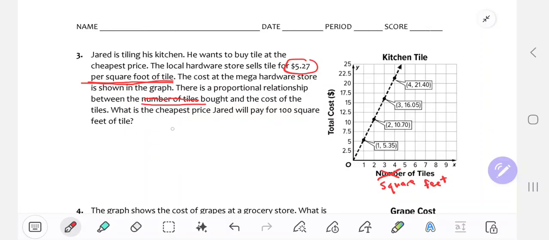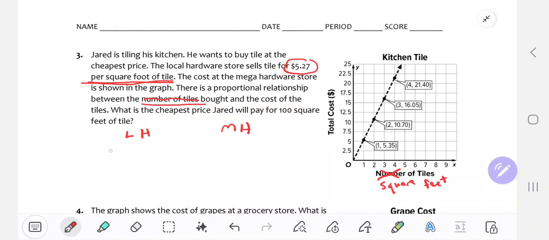What is the cheapest price Jared will pay for 100 square feet of tile? So we're comparing the local hardware store and this place called the Mega Hardware Store. All right, so local hardware versus Mega Hardware.